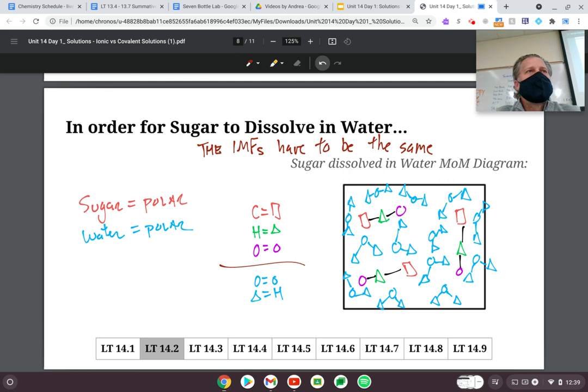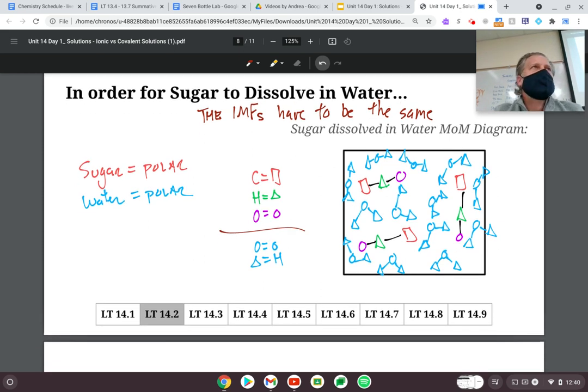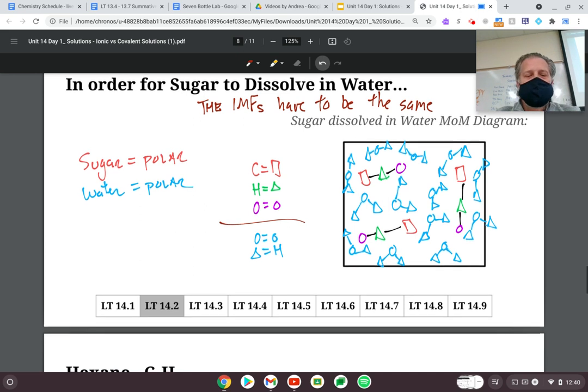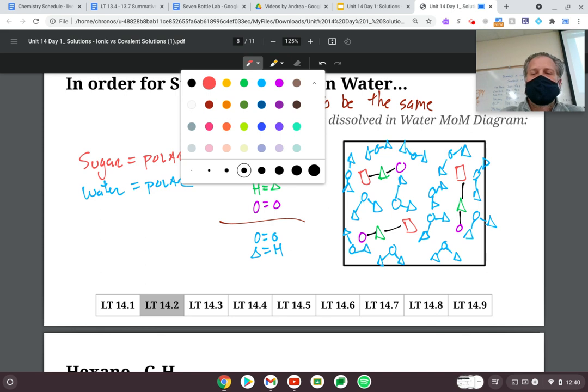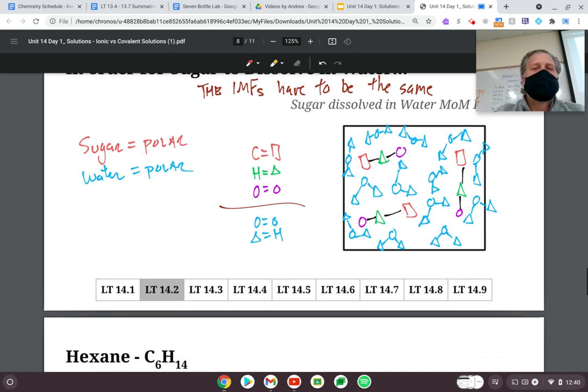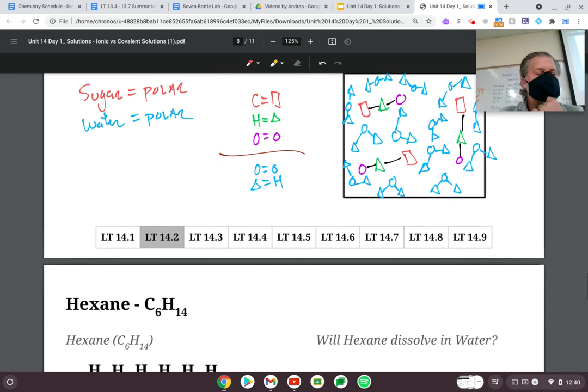So we should probably talk about an example where that might not be the case. You ready, or are you still drawing? All right. The next molecule that we're going to discuss is hexane.